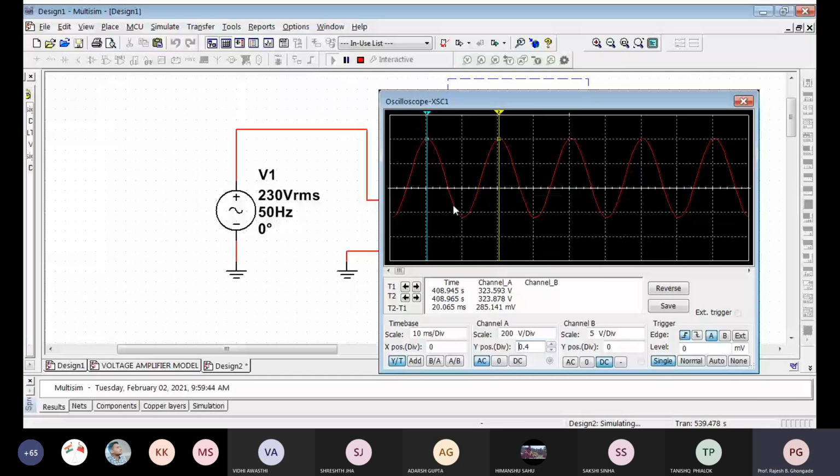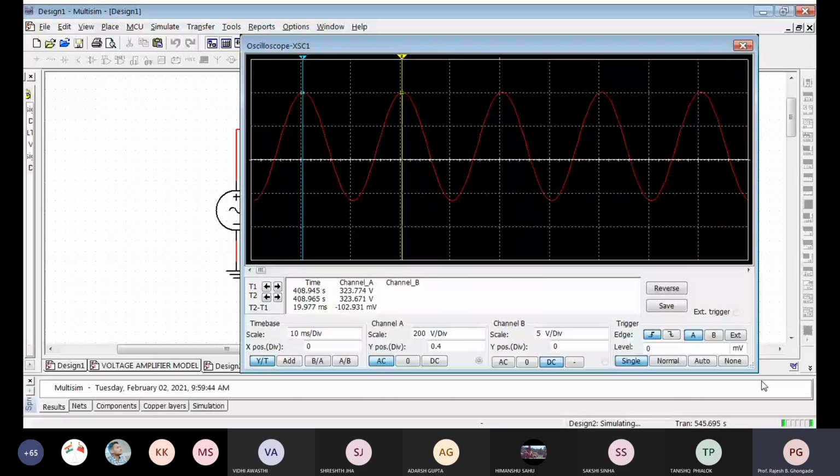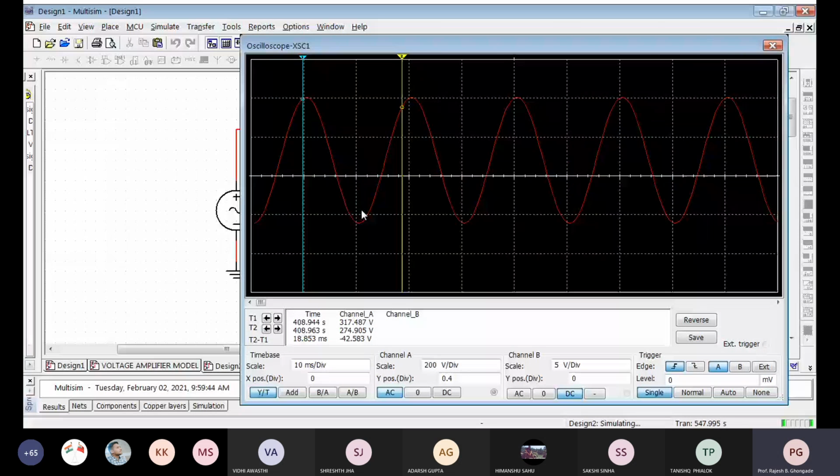Let me try to enlarge this screen. That will be much easier. So you can see here 1 division, 2 divisions and 3 divisions, and I'm having some more, so this will be nearly 3.25 divisions.